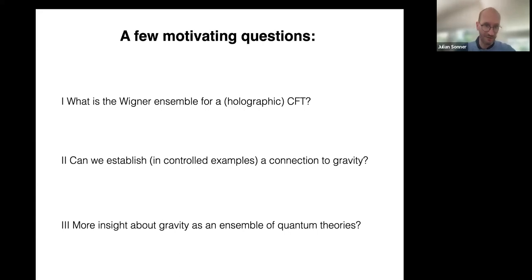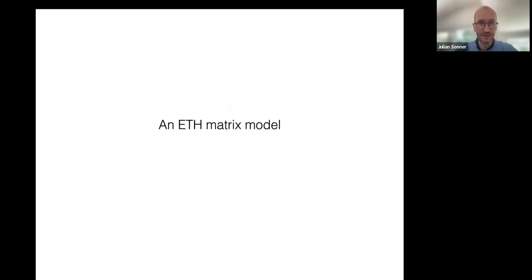And I will answer that question. 2, can we establish in controlled examples a connection to gravity? Yes, and I will answer that question. And 3, more insight about gravity as an ensemble of quantum theories. That is maybe more a subject of discussion, but it will be interesting to revisit that question, given what we learn in 1 and 2.